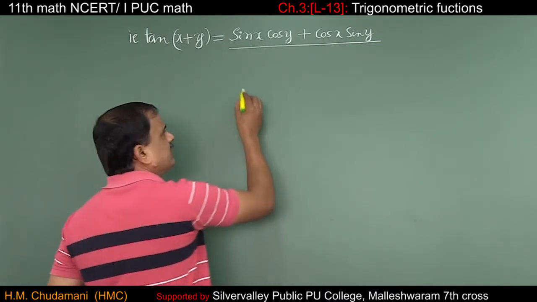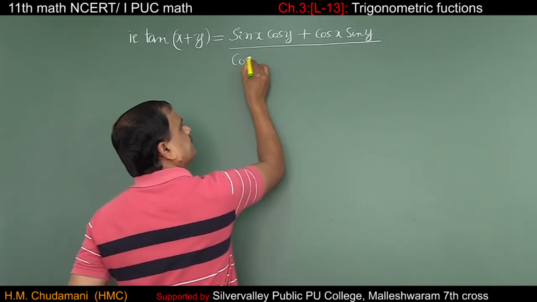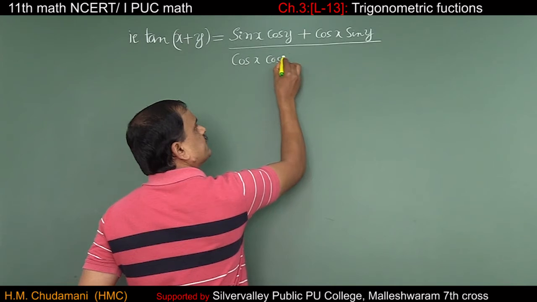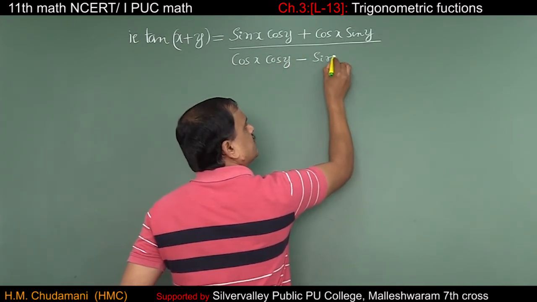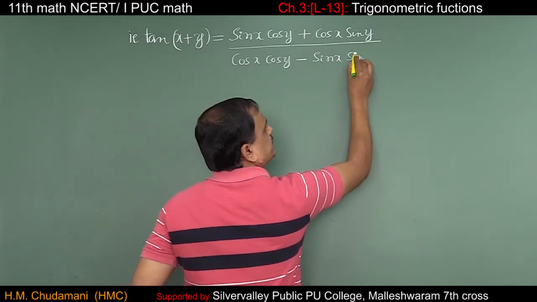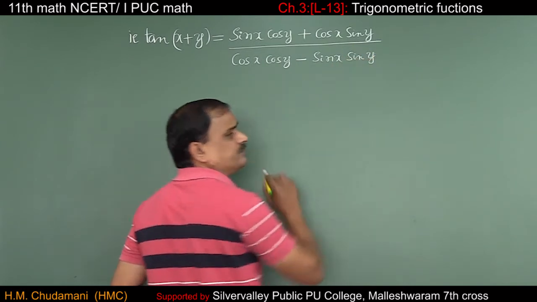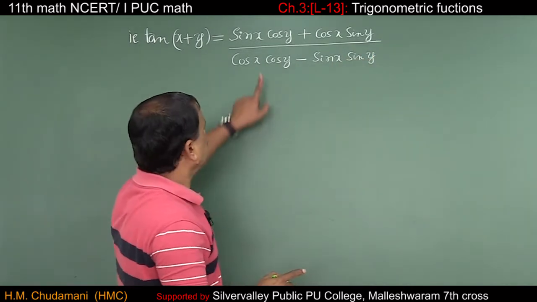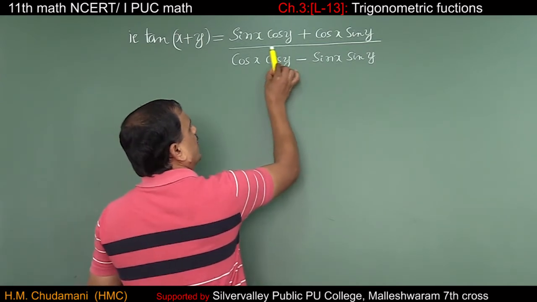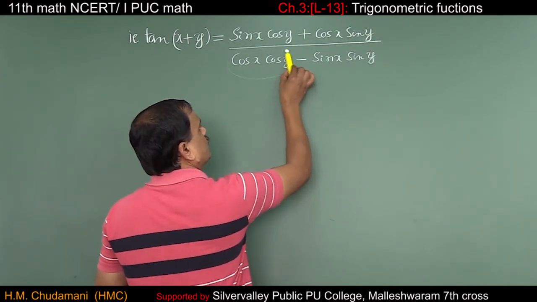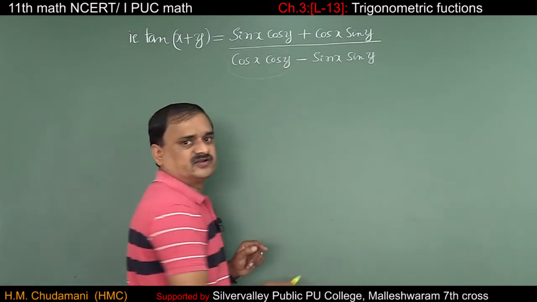What is cos of x plus y? Cos x cos y minus sin x sin y. Now we are supposed to prove tan x plus tan y divided by 1 minus tan x into tan y.